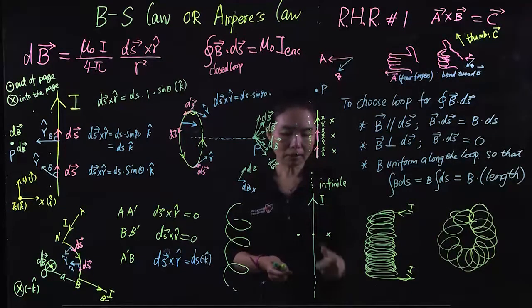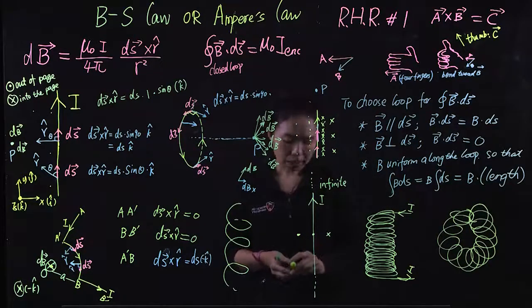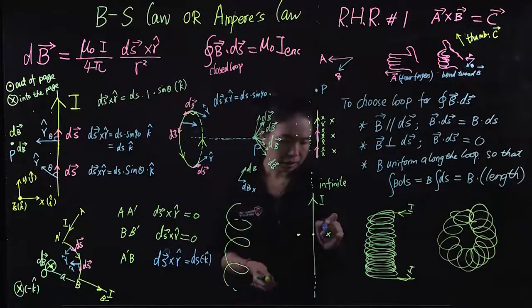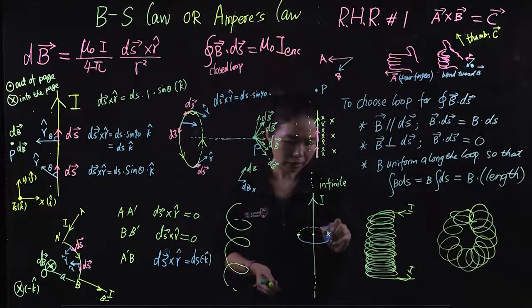And then surrounding this infinitely long wire, everything should be cylindrically symmetric. And then we can easily find a circular path which has a radius of r, which is the distance from the location P to the center of the wire, and coming like that.